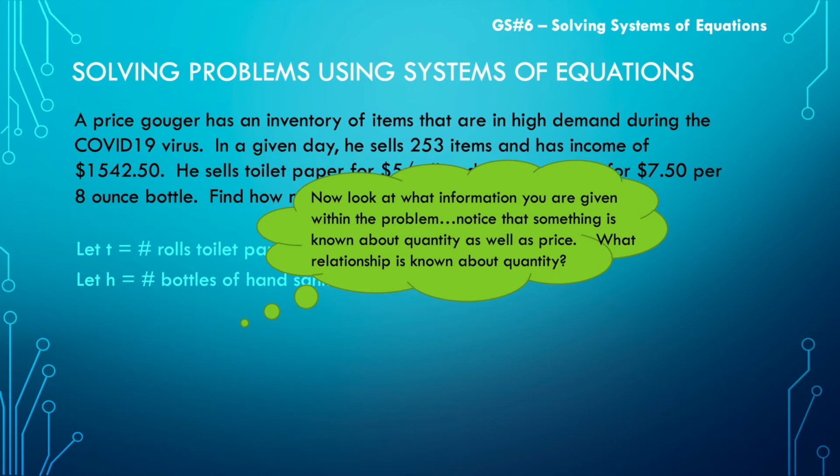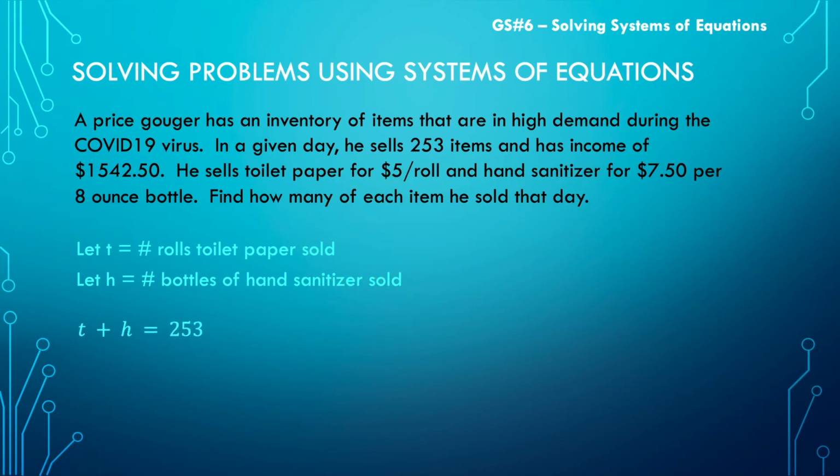Okay, what relationship do we know about quantity? Well, we know that the number of rolls that he sold plus the number of bottles of hand sanitizer that he sold will together equal that 253. Okay, so that takes care of quantity.